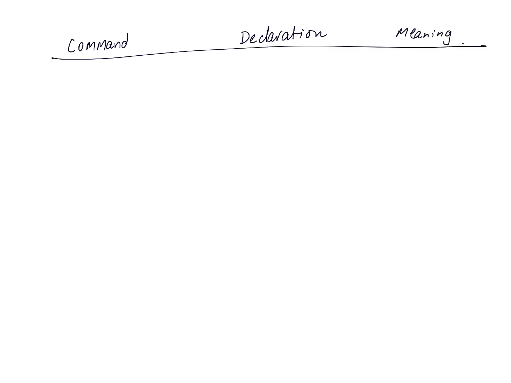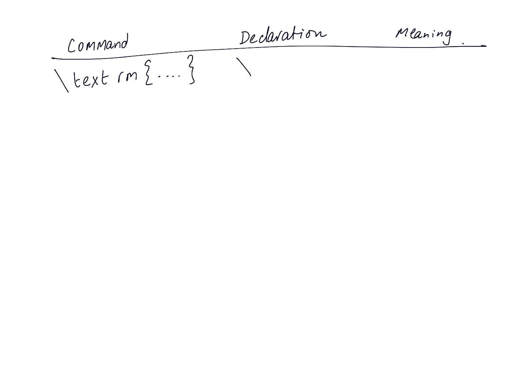So if I wanted to summarize everything, let's make a small table. Command, declaration, and what's the meaning. So the command is text rm, and our argument can be anything right here.